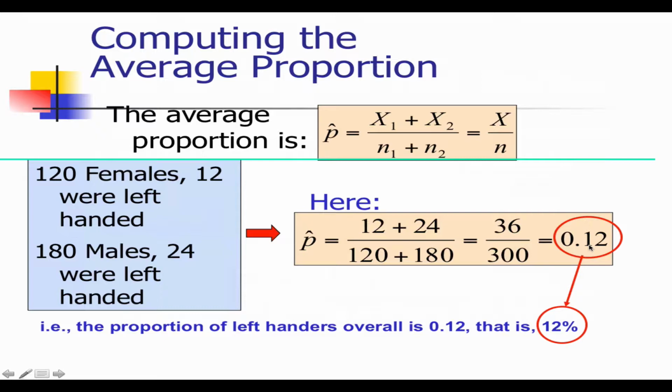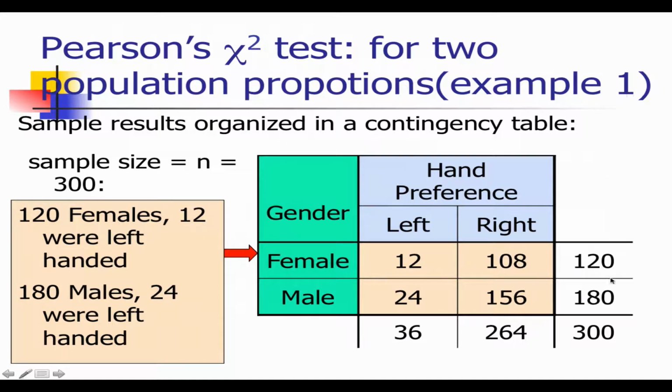On the other hand, if you think in a similar way, the proportion of right-handed in all your sample under the null hypothesis should be 1 minus this p-hat, or you can calculate that it's 108 plus 156, this summation, which is 264 over 300.